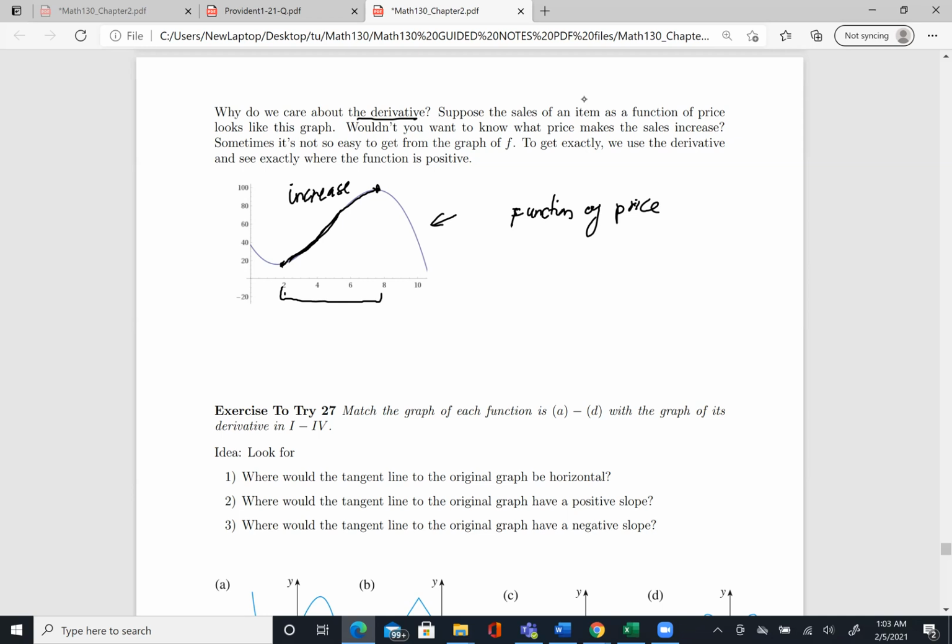You can estimate it is from 2 to 8, but how can we know? So we want to answer the question of where exactly this region is. We want to use the derivative to find exactly this region. Okay, so let's move up.